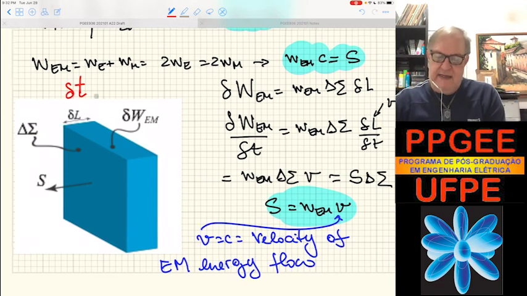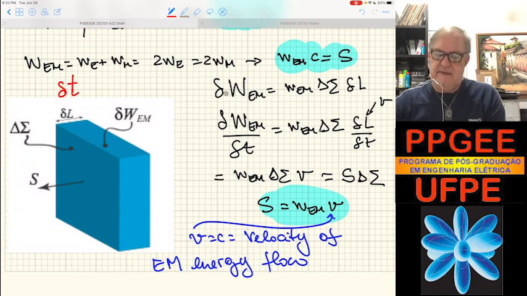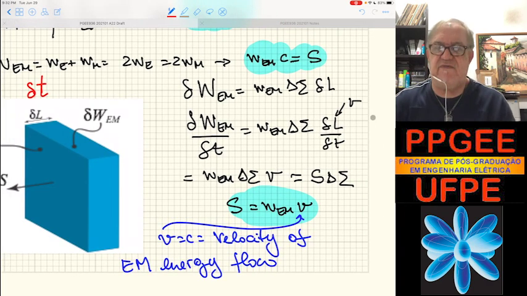Well, let's calculate. The energy inside the volume is the energy density times area times delta L. If we take the rate of change of that energy, how much energy is entering per unit of time, we divide by delta t, which is the time spent by the wave to go over a length delta L. So delta L over delta t is the velocity of flux of energy, right?